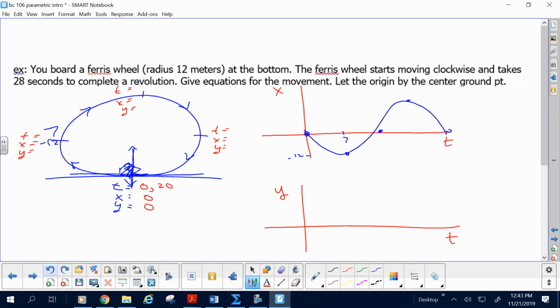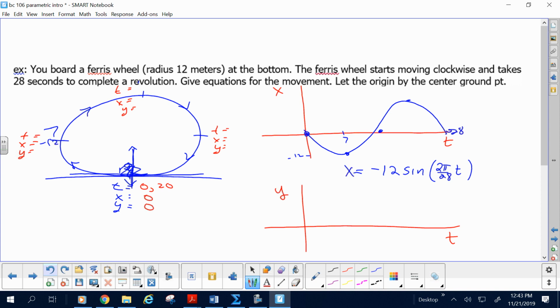So with that said, x is what amplitude? 12. What kind of curve? Positive sine, negative sine? Negative sine. What's the coefficient of t if the period is 28? What's the period? What's the coefficient? 2 pi over 28, or pi over 14 t.